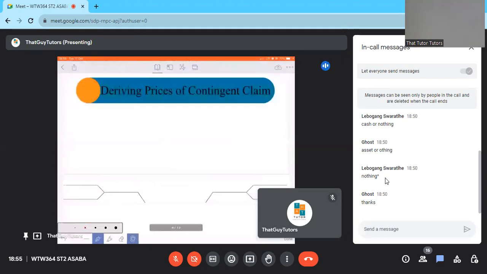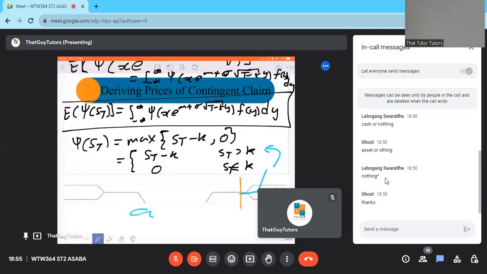So now you would need to solve for this, right? I'm not sure if you guys can see. Okay, there it is.